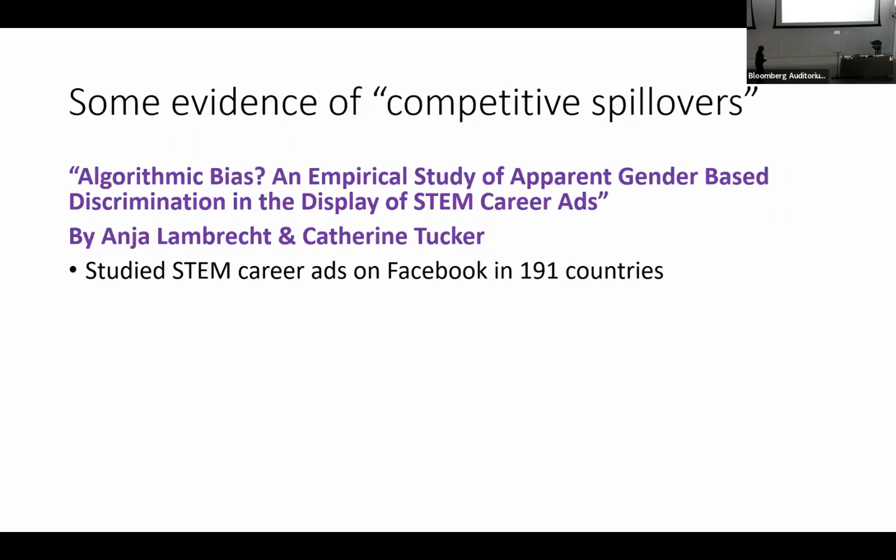And it turns out that there's at least some evidence that that's happening. So this paper, Algorithmic Bias: An Empirical Study of Apparent Gender-Based Discrimination in the Display of STEM Career Ads, studied STEM career ads on Facebook in 191 countries. And they documented that indeed across countries, men were more likely to see the ads than women.